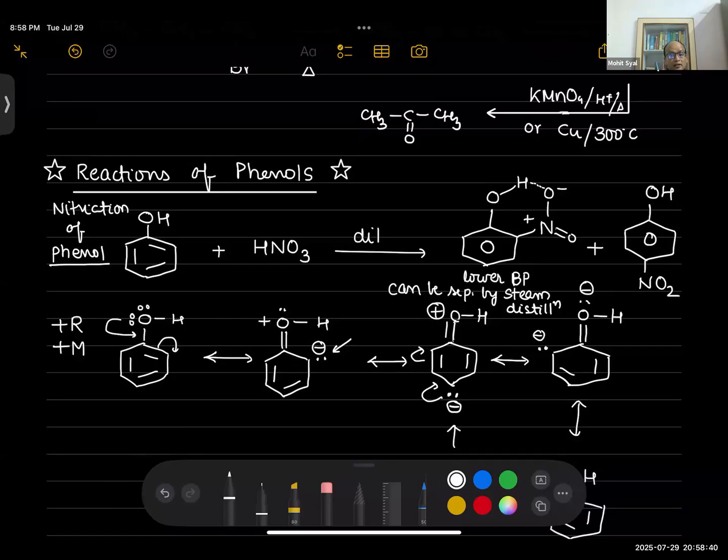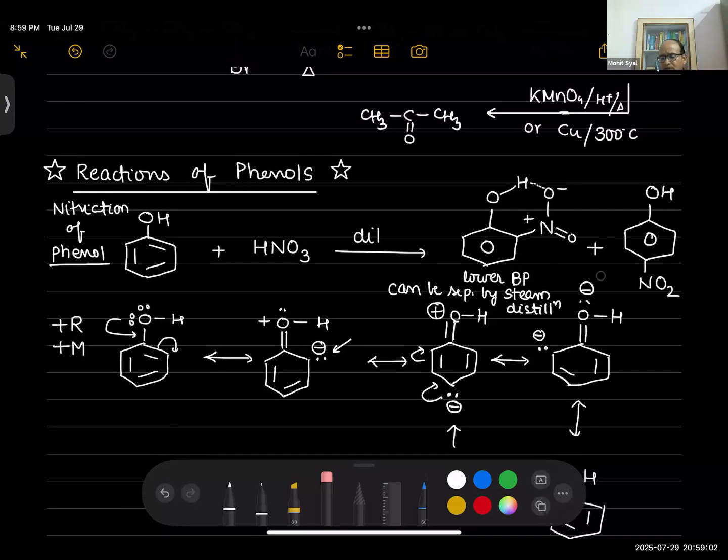And this molecule doesn't interact with other molecules, so it can come out very easily. By letting the steam pass through the mixture, you can separate the orthonitrophenol. This is a very, very famous question.